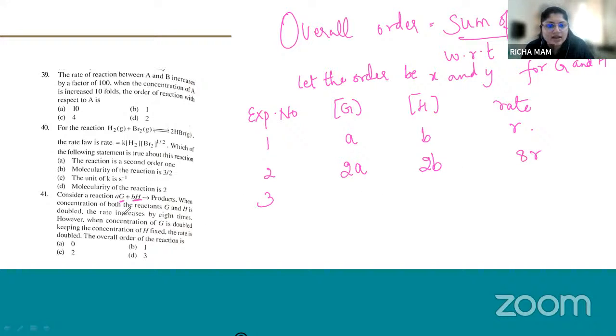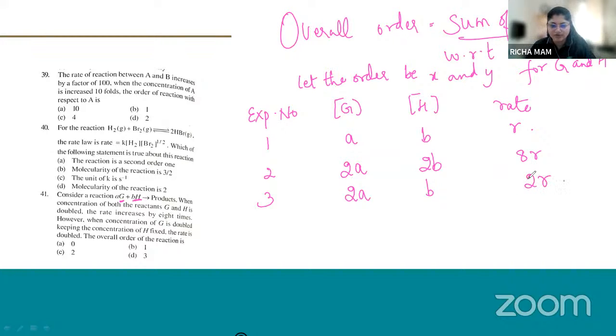It will increase. Now, when the concentration of G is doubled, keeping the concentration of H fixed, the rate is also doubled.